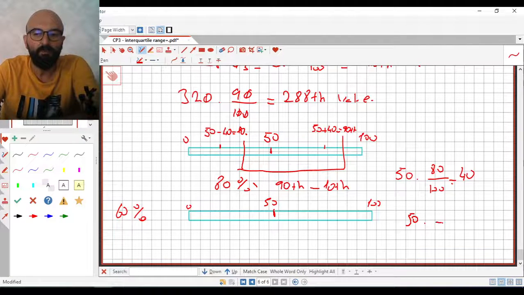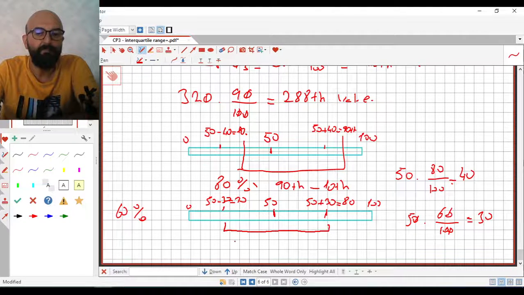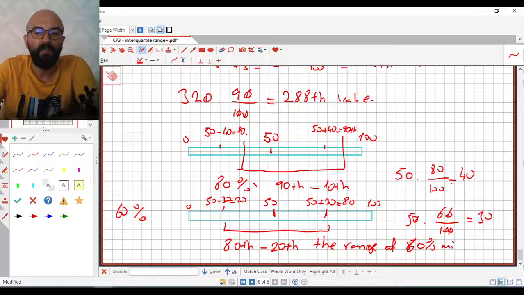So 50 multiplied by 60% becomes 30, and we find 50 plus 30 and 50 minus 30, and the 80th value minus the 20th value gives us the range of the middle 60% of the data set.